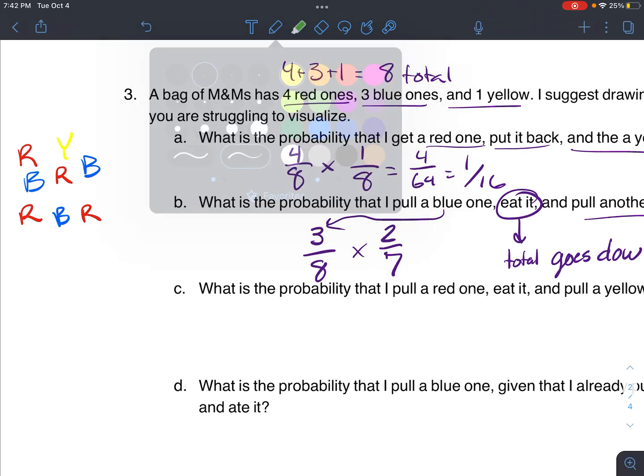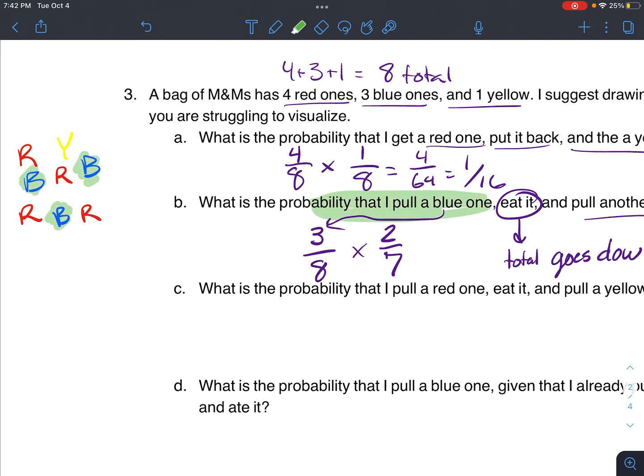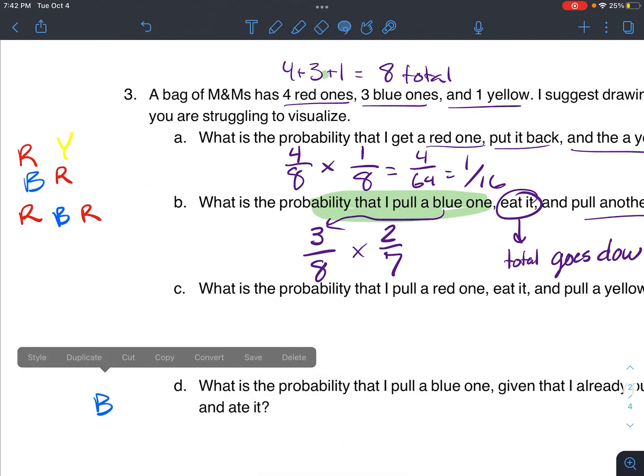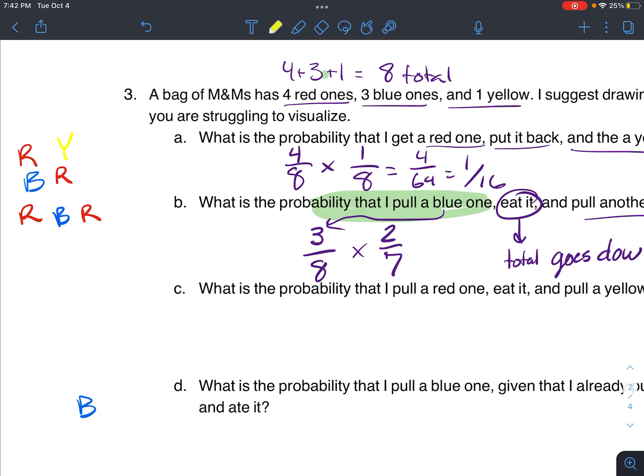We could very easily see that if I have this full bag and I pull one blue one, I have 3 out of 8 total chances to get it. Let's say I take this one and I eat it. So this is eaten down here.